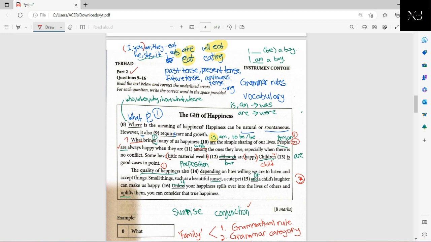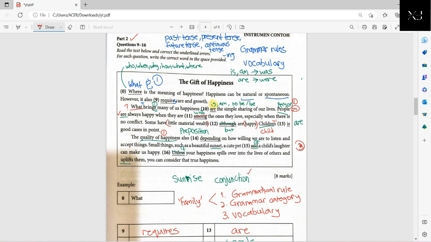So this is very simple, very easy. Just know these three things, then you'll be fine already. Of course, grammar rules and grammar categories have a lot of things under them, but it'll take time for you to understand everything. But these are the basic rules in order for you to score well in your part 2 English. Okay, so we are done with this video.